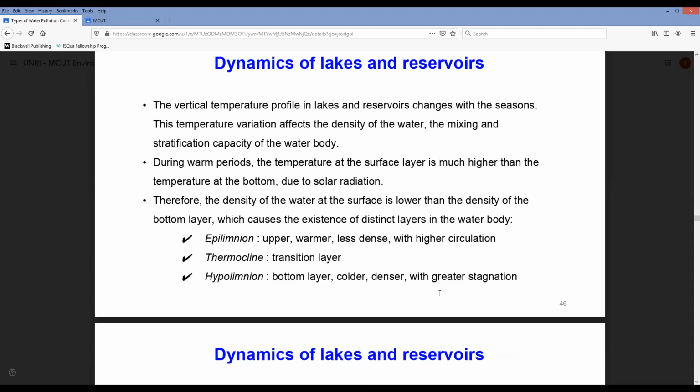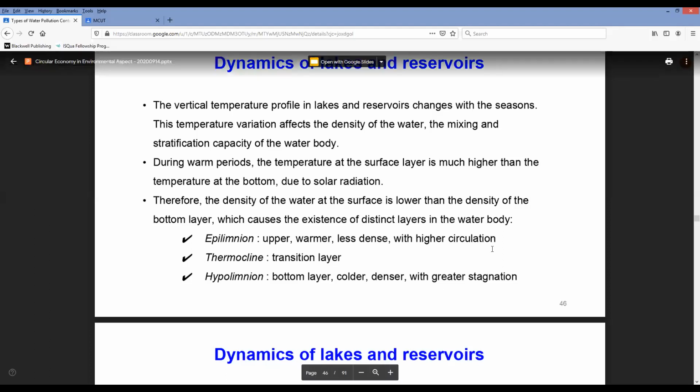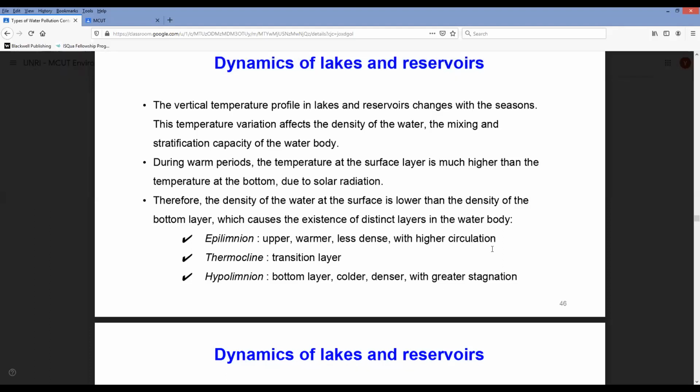During the warm period, for example in summer, the temperature at the surface layer is much higher than at the bottom due to solar radiation. The density of the water at the surface is lower than the density of the bottom layer, which causes the existence of distinct layers in the water body. So due to the temperature, you get different layers.